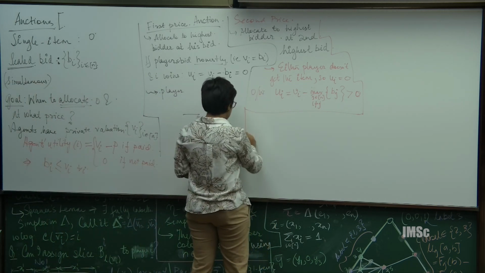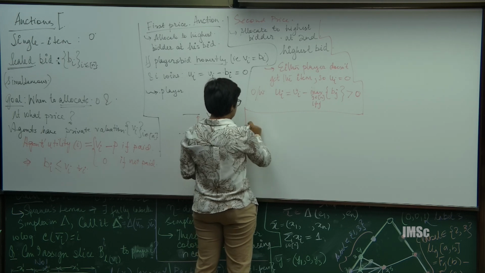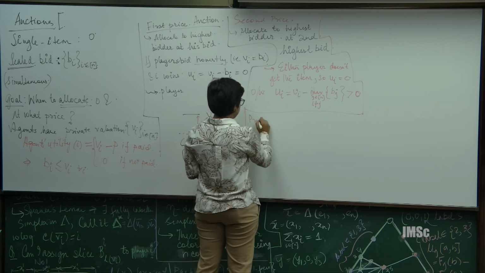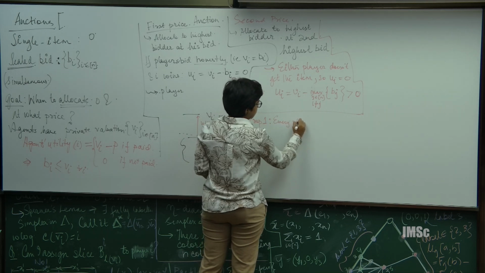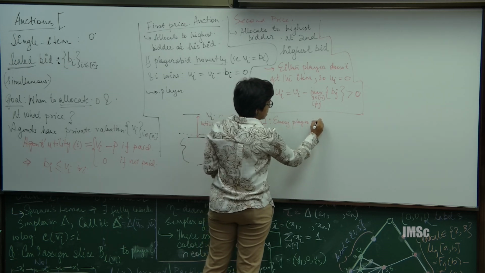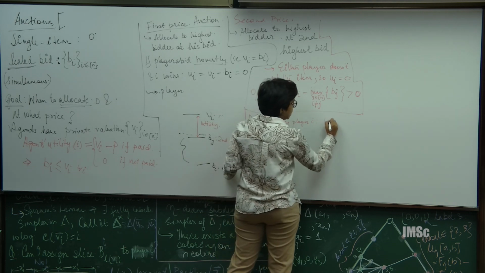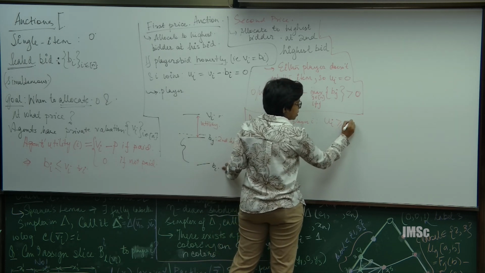Therefore, okay, let me write this. The properties I can extract from here. Every player i has this thing that their utility is non-negative, correct?